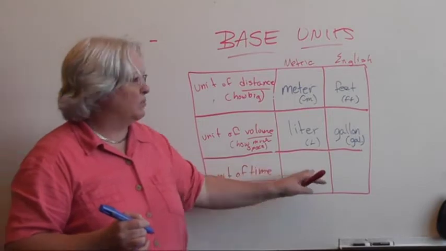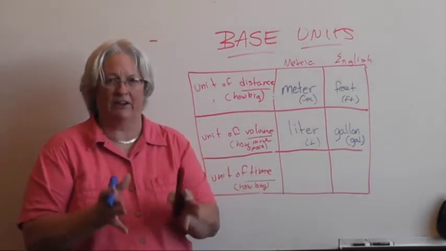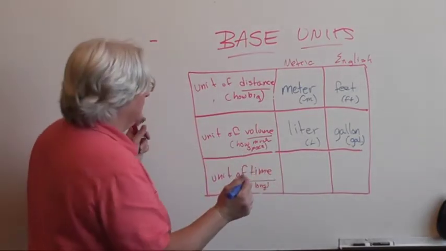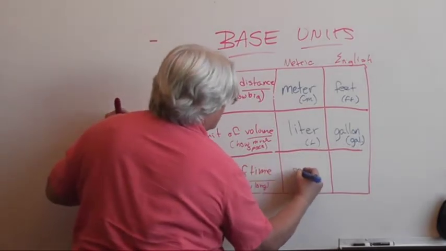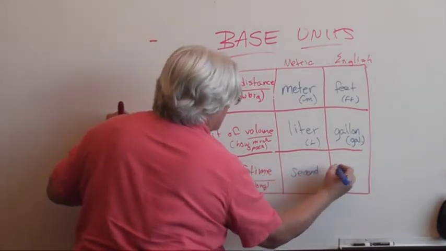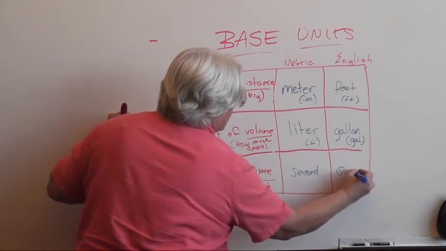And then, when we're measuring time, we finally get something that's easy. It's seconds. There's no difference in the measurement of time in the metric system and the English system.